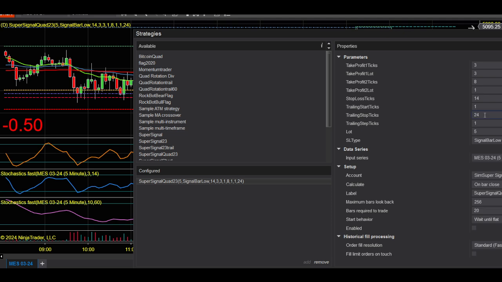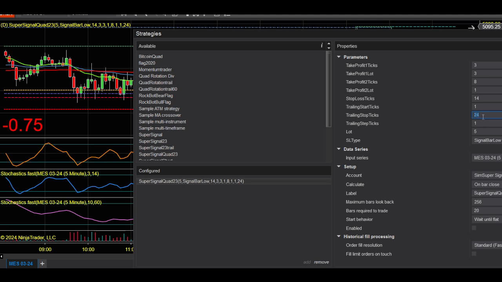So 3-3. Taking 3 off, 5 contracts, 1, and then. All right, let's take a look here. You can mix this up any way you want. You can have 3 contracts on, take 2 off, or take all 3 off on the first target. There's any combination you can use.